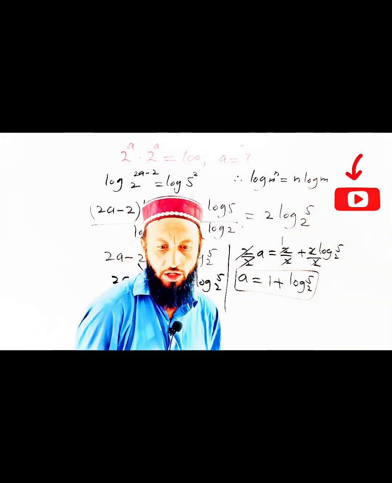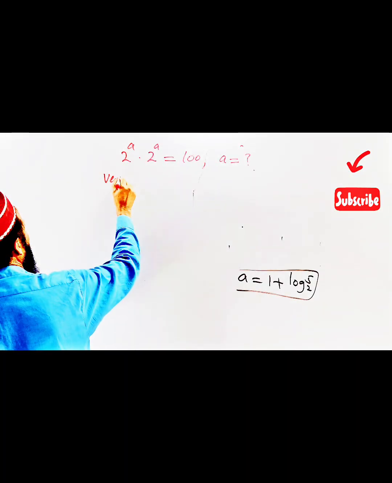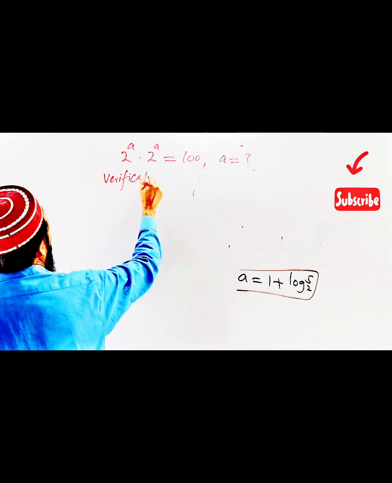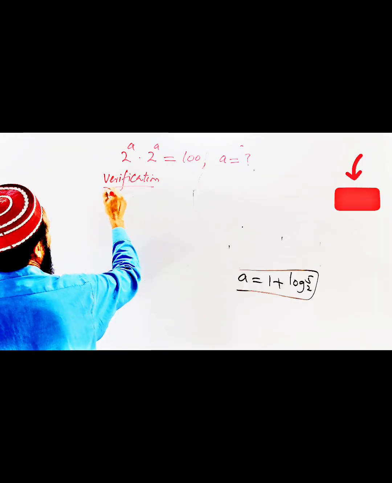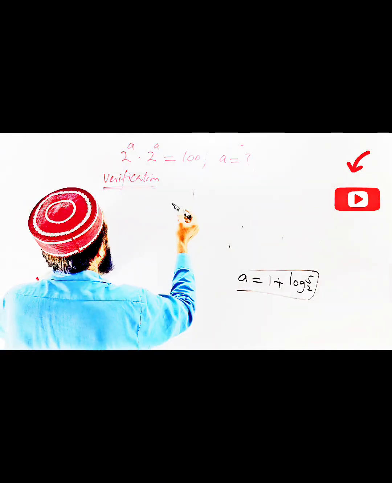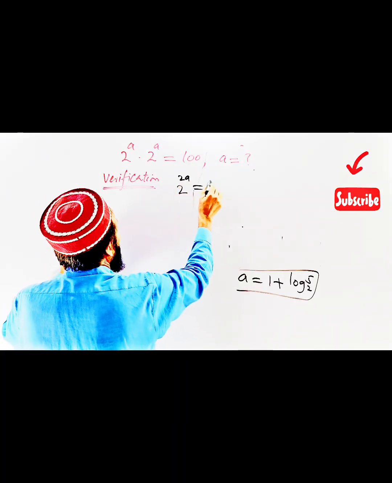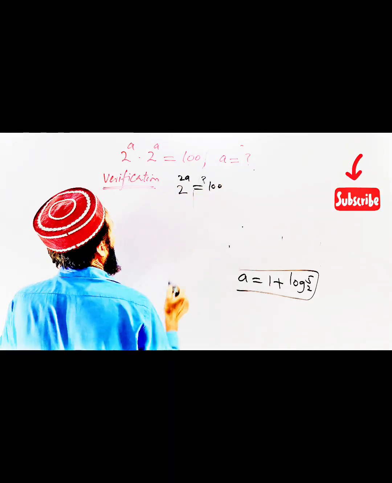Now we want to verify the result. Verification is required. Here we check: in 2 exponent 2a is equal to 100, is this correct?